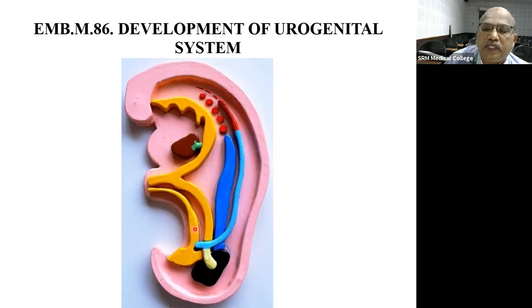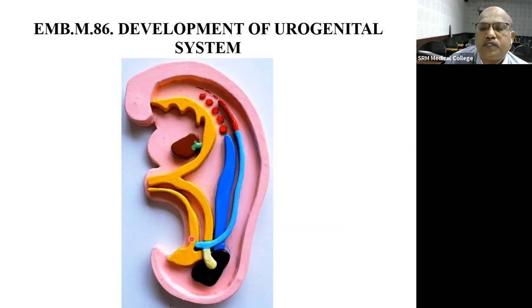Because of the formation of the allantoic diverticulum, your hindgut is divided into two parts. This is called the pre-allantoic part, and where your allantoic diverticulum opens, that is your post-allantoic part. Entire thing will be post-allantoic part.